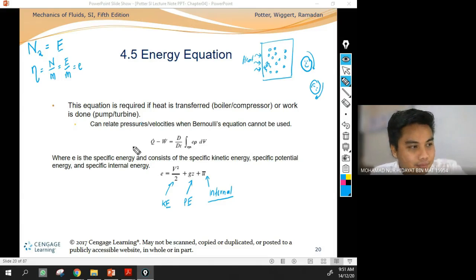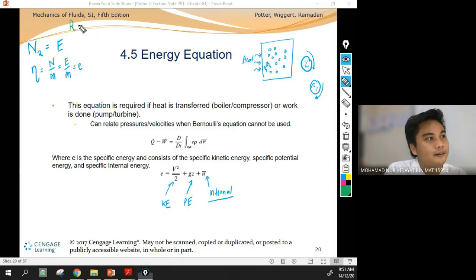From this, we directly relate to the Reynolds transport theorem, RTT. Remember that our RTT here, I try to write down here. What is the equation of RTT?